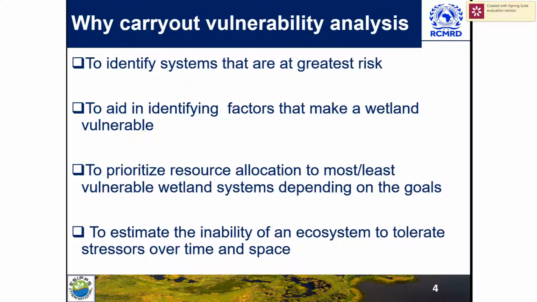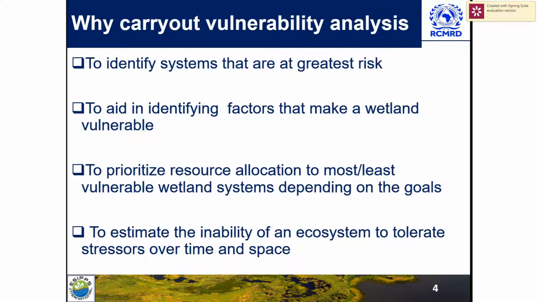Number three, to prioritize resource allocation to the most or the least vulnerable wetland system depending on the goals. So if we realize that wetland A is more vulnerable than wetland B, then we can prioritize the resources and allocate more to wetland A since it is more vulnerable than wetland B, which is less vulnerable.